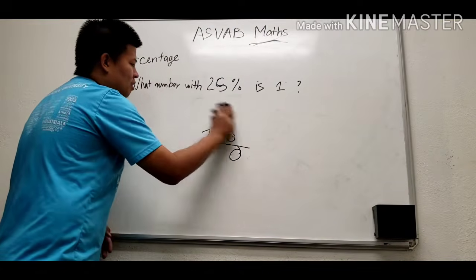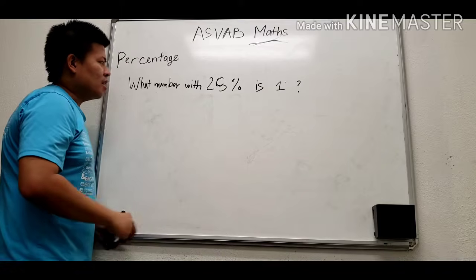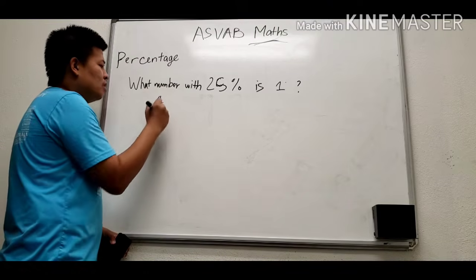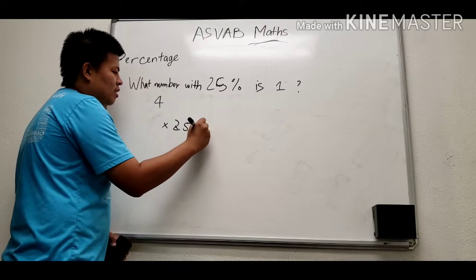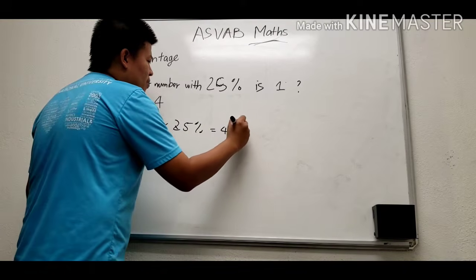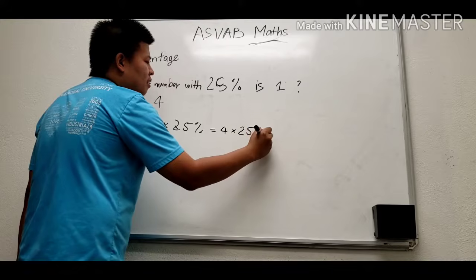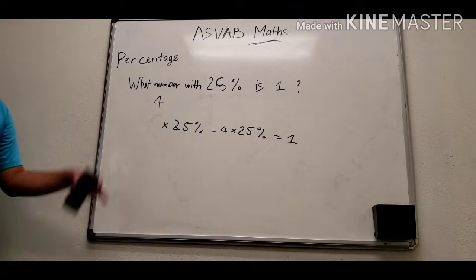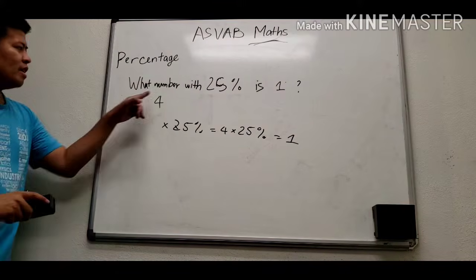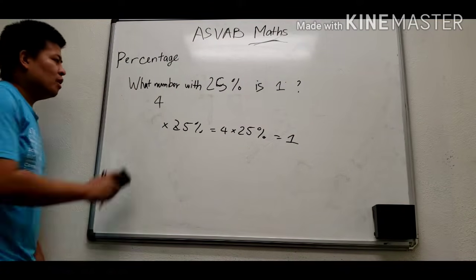So the number we have here is 4. So 4 multiplied by 25% equals 1. So that's the answer to the question, what number with 25% is 1.